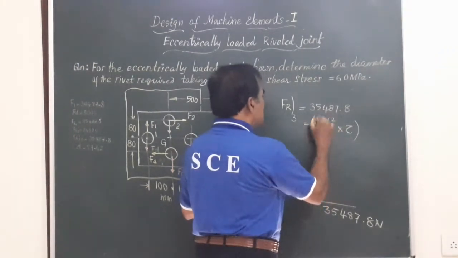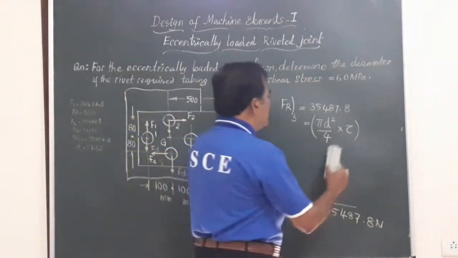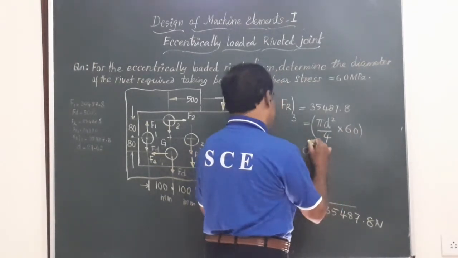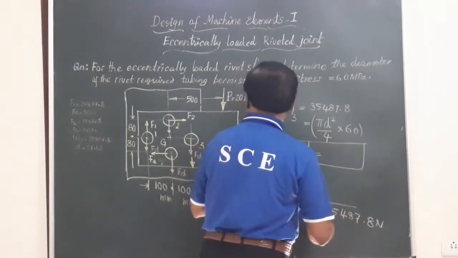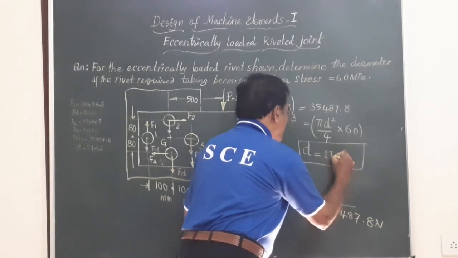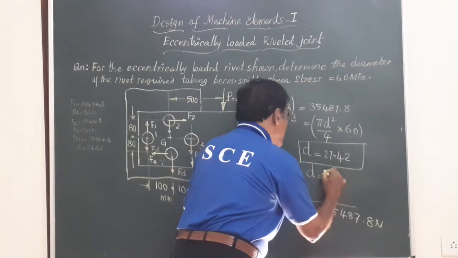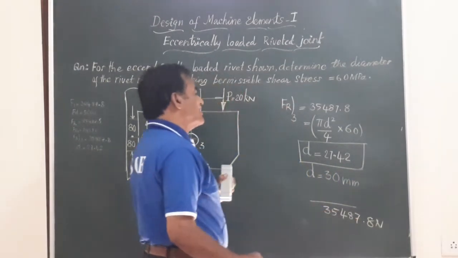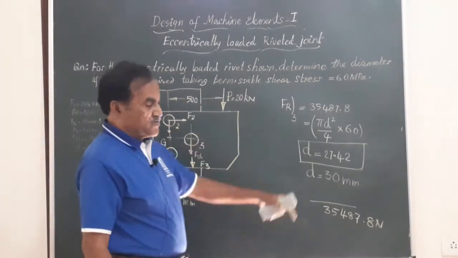This is the resistance offered by the rivets to shearing. I know the value of tau, so I can put this value and obtain d, the diameter of the rivet. This works out to 27.42, and in the standard size we have d equal to 30 mm. That means the rivet size required to sustain this load at rivet 3 is 30 mm.